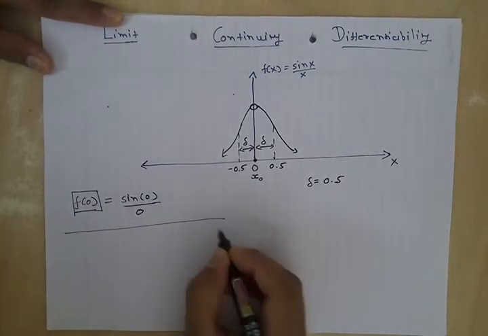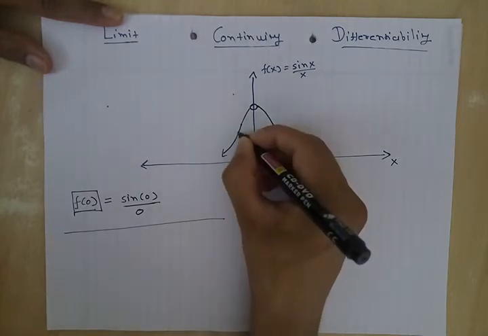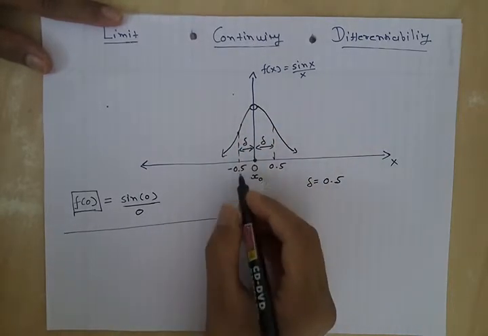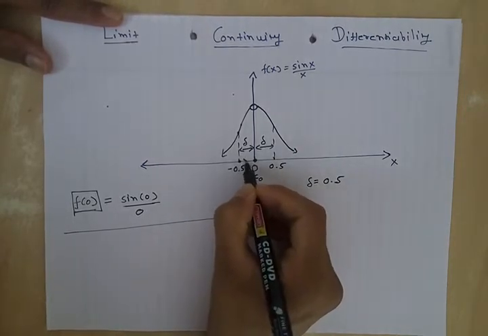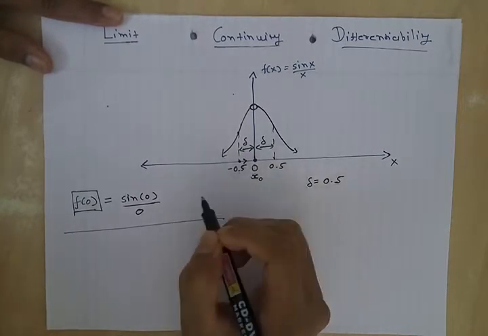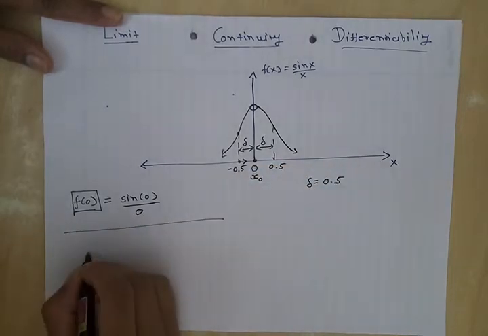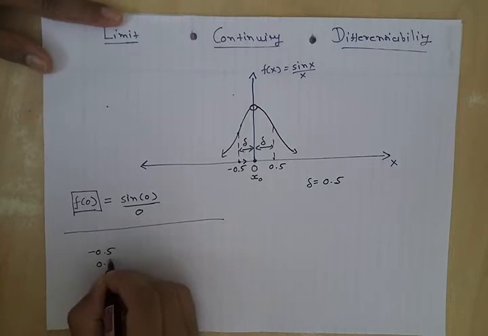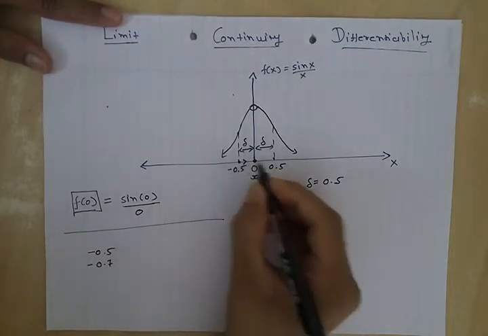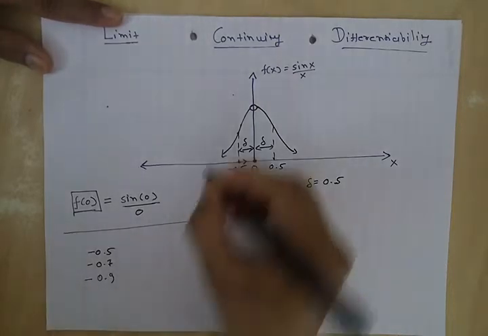Now we will calculate the left hand side limit. So we will approach x = 0 from the left hand side of this point, going in this direction. We will take the next value, 0.7, then after that 0.9.